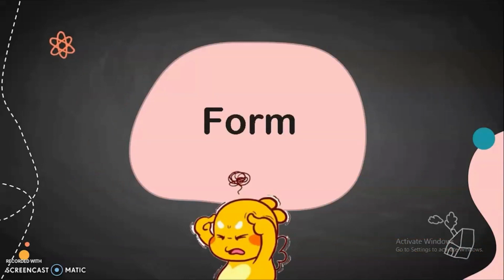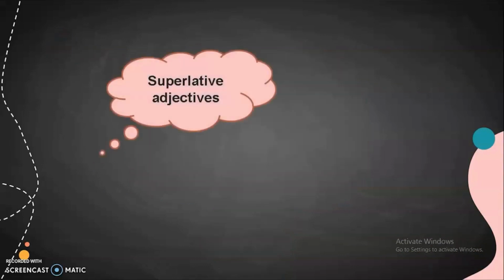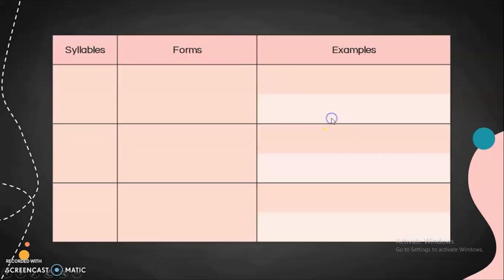So, how do we form the superlative adjective in English? It is similar to the comparative adjective. It depends on how many syllables the adjective has. For one-syllable adjectives, we add the and -est to the adjective.